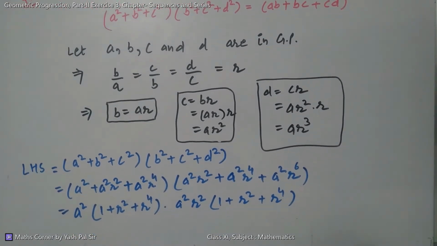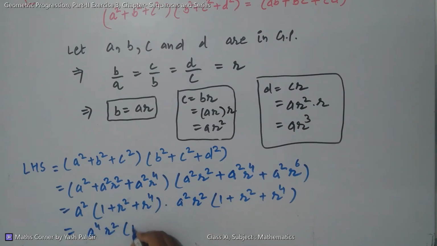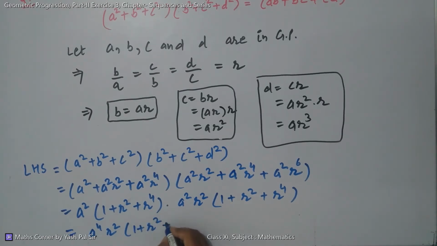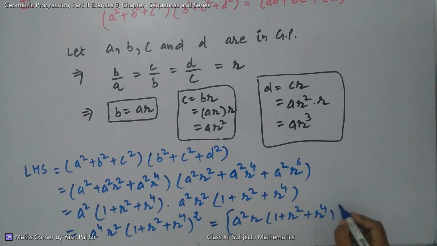Again, this is equal to A raised to power 4 into R square into (1 plus R square plus R raised to power 4) whole raised to power 2. Further, we can write this whole as equal to (A square into R into (1 plus R square plus R raised to power 4)) whole raised to power 2.